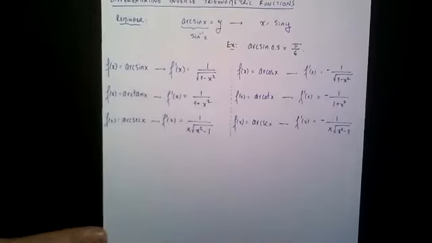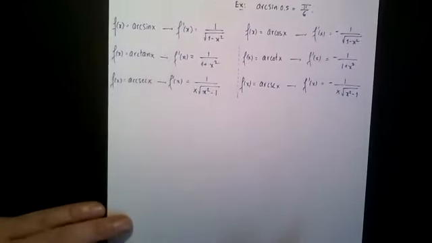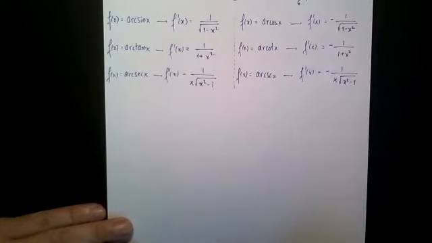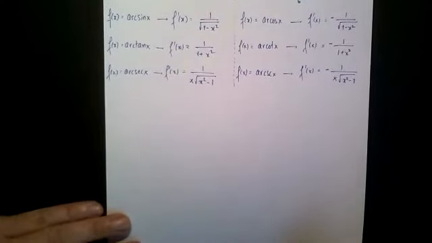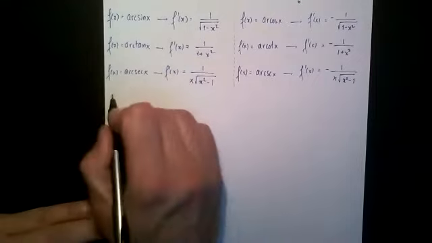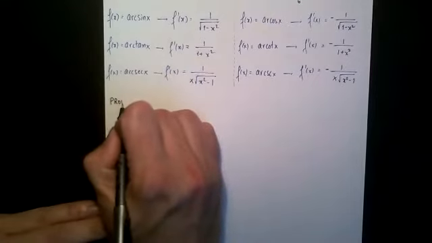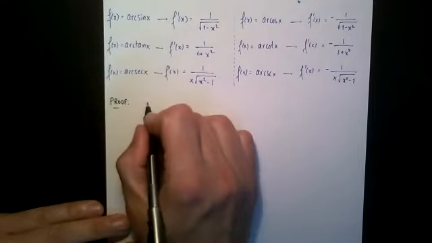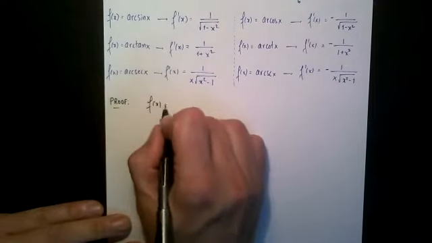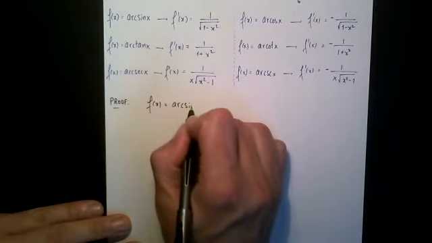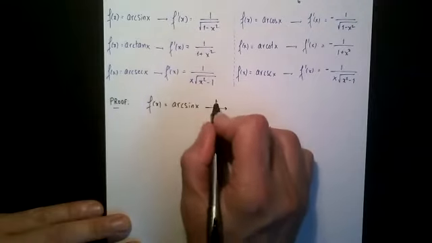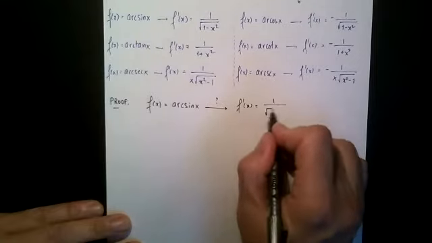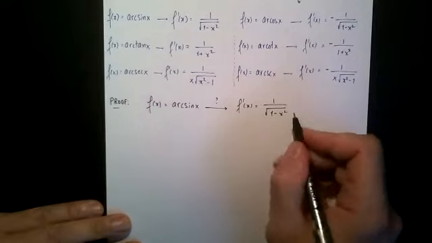Okay, so move up a bit. So, proof. If f of x is equal to the arcsine of x, then I want to show that f prime of x is 1 over the root of 1 minus x squared.